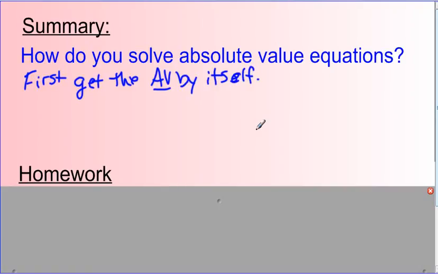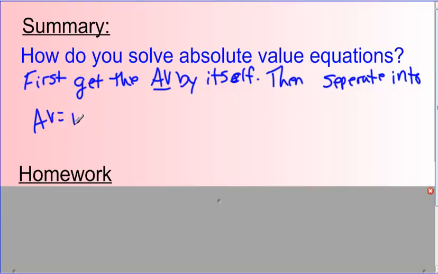Once the absolute value is by itself, then we separate it into the absolute value equals the positive number and the absolute value equals the negative number. So I'm kind of abbreviating here, but it said then separate into absolute value equals a positive and absolute value equals a negative. Then solve each problem.